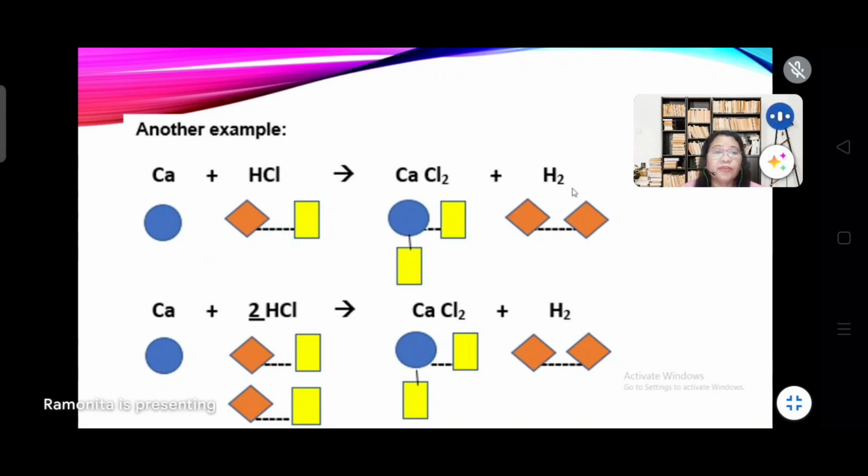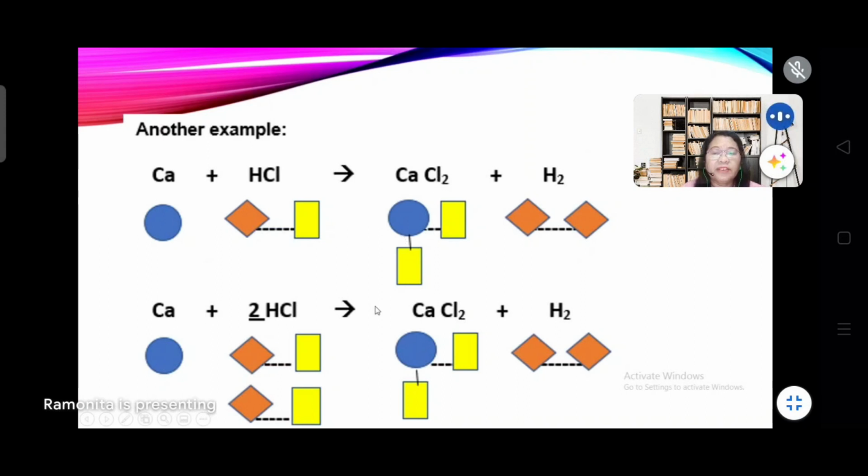Getting or using the LCM, we have 2. So there is only 1 atom of hydrogen and chlorine in the reactants, while in the product, our chlorine and hydrogen gas has 2 atoms. So 1 times 2 is equal to 2, which is the LCM.